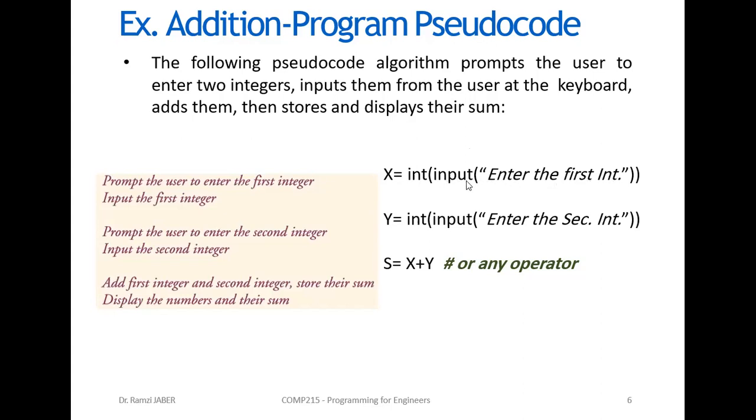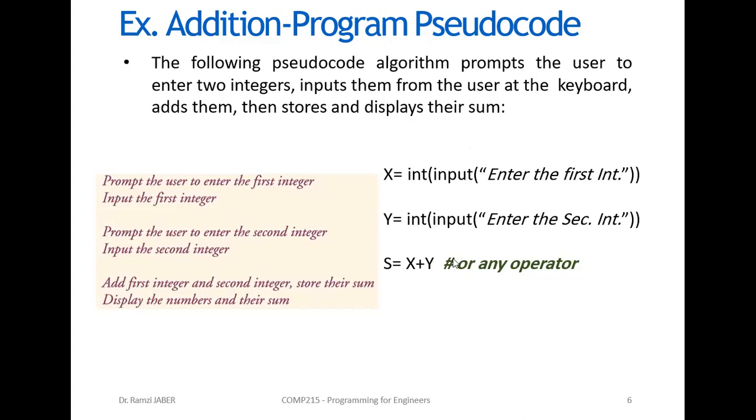The input here will give your integer as a string type, then you convert it to an integer. So we must put int with parentheses, and input with any message you want. So here: enter the first integer; y equals int input, enter the second integer; s equals x plus y.